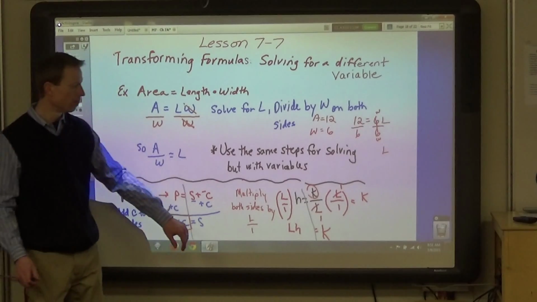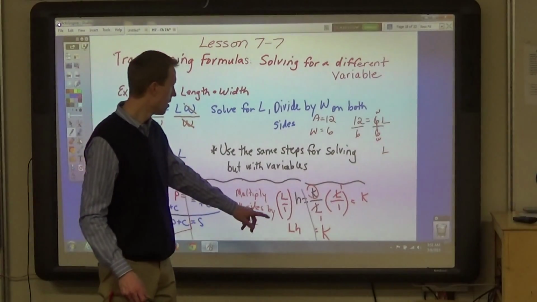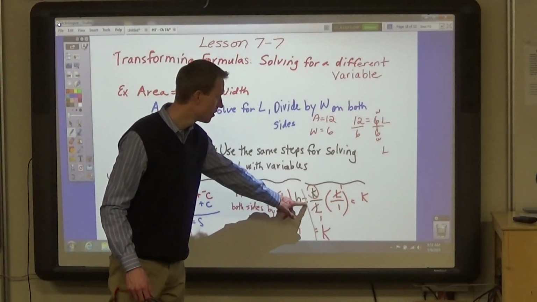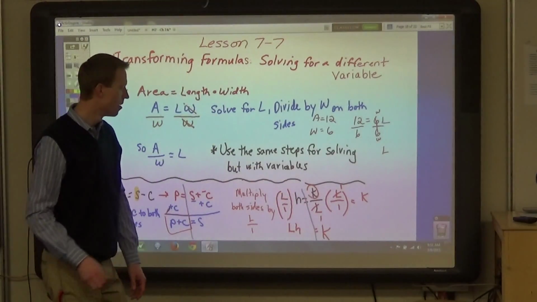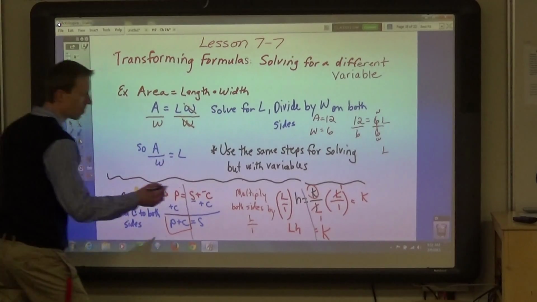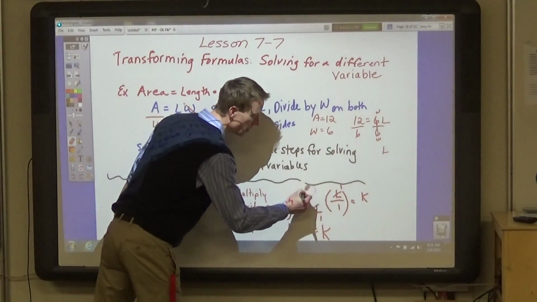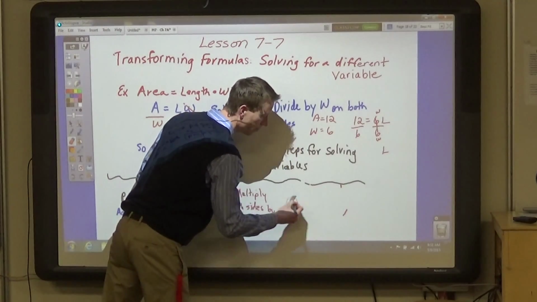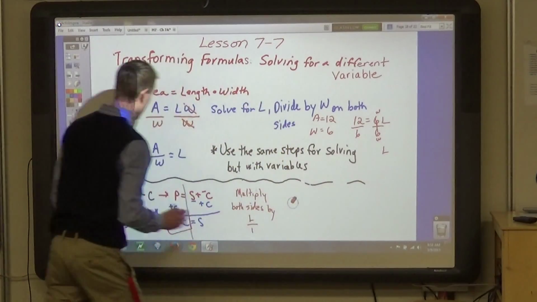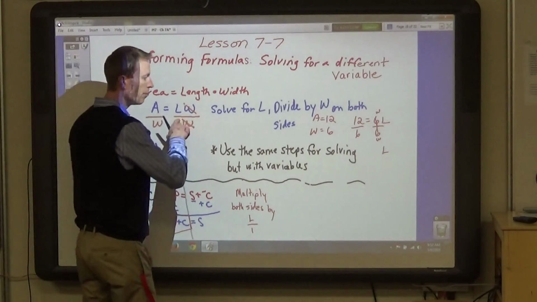Let's look at this one. H equals k over L. Actually, let me rewrite this one so you can see it more clearly, and I'll show you what to do. This one is very similar to this one.